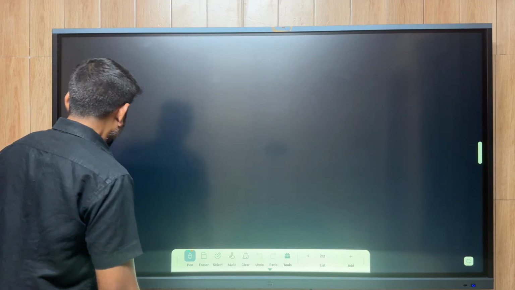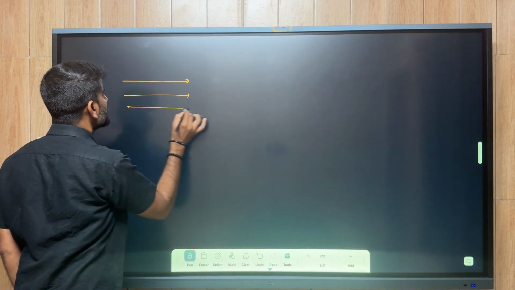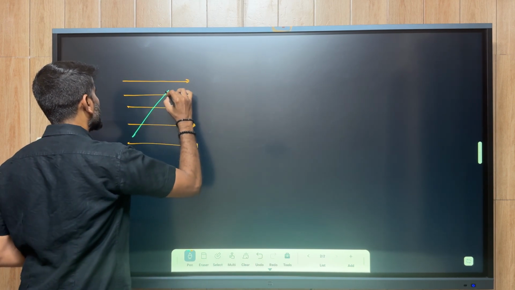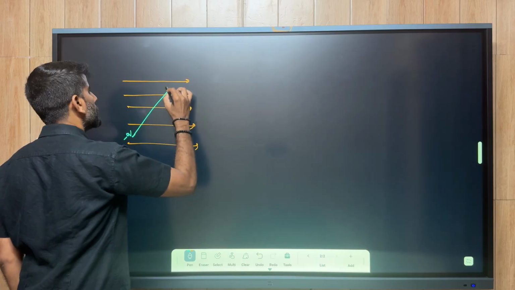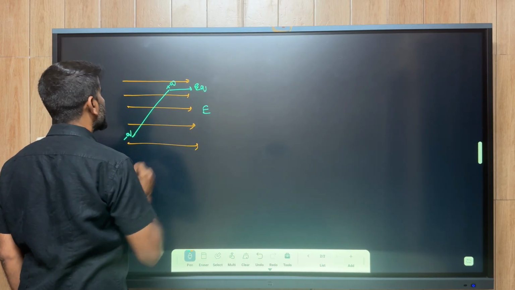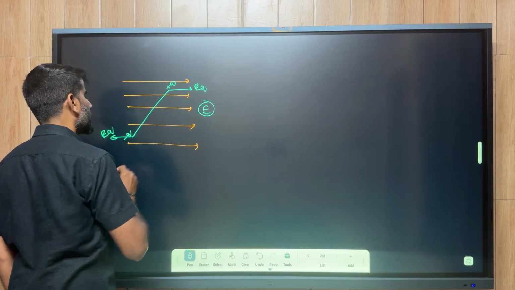I'm going to draw the diagram again. So this is the uniform electric field where we have a dipole, minus Q, plus Q, force EQ, field E, and force EQ in this direction, right?